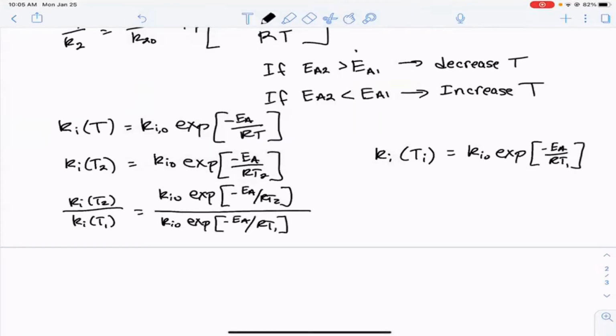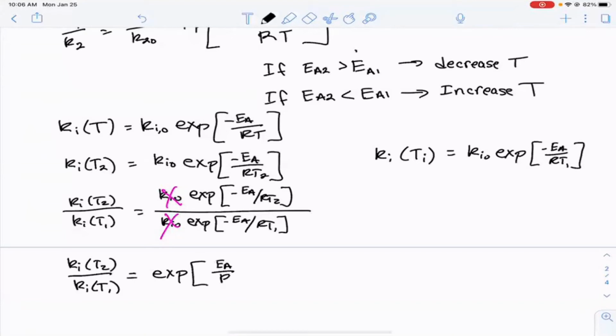If you look at this, those two Ki0 terms are going to cancel. And we end up with Ki at T2 over Ki at T1 equals the exponent of EA over R times 1 over T1 minus 1 over T2.